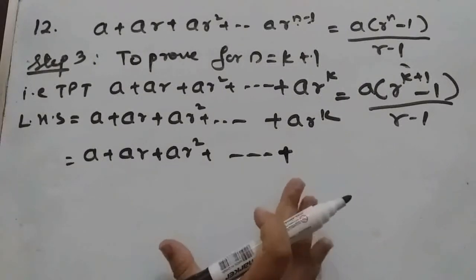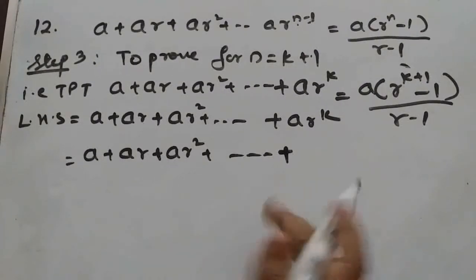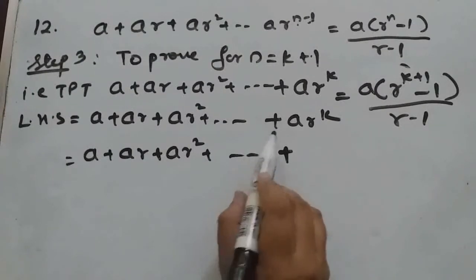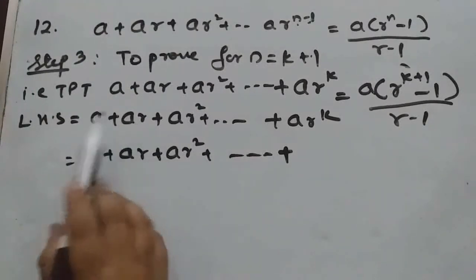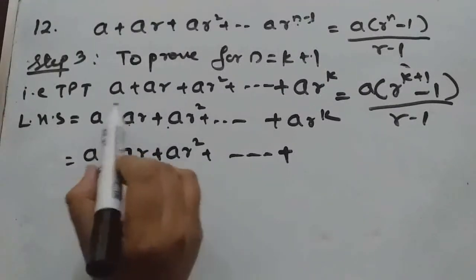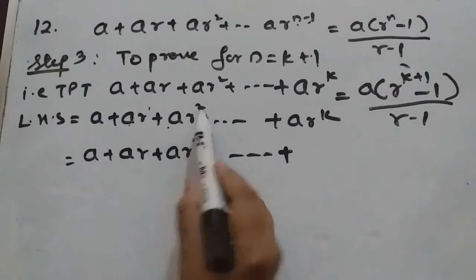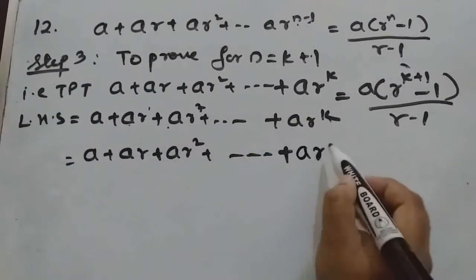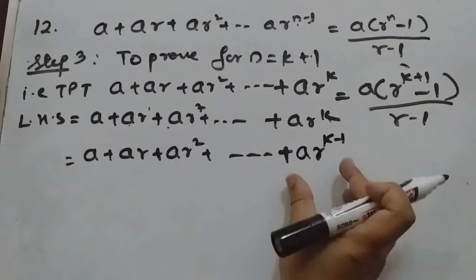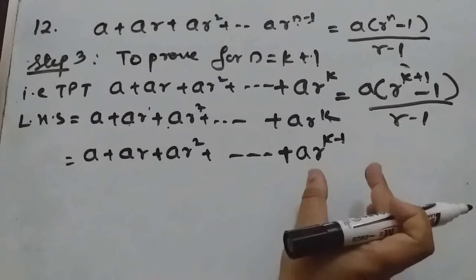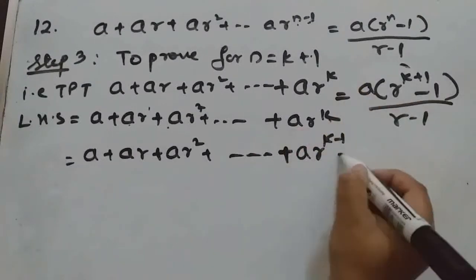The last term of equation 1 gives the previous term. Observe this pattern: there is a difference of 1 in the power, so k power will become k minus 1. So the previous term will be k minus 1. Or if you observe, this term is the last term of equation 1, that you can write directly.